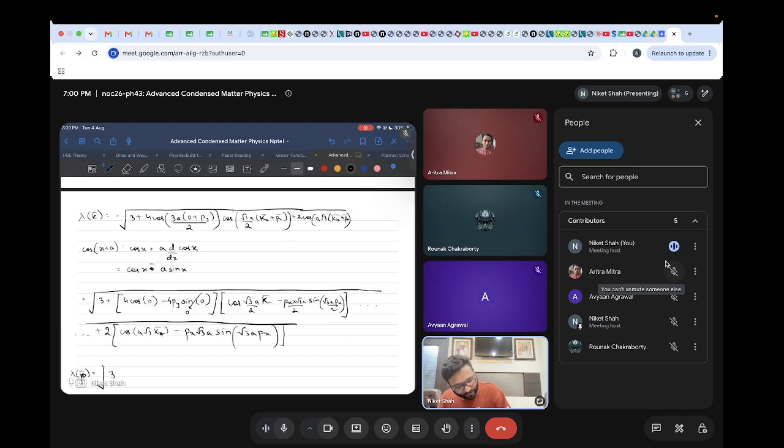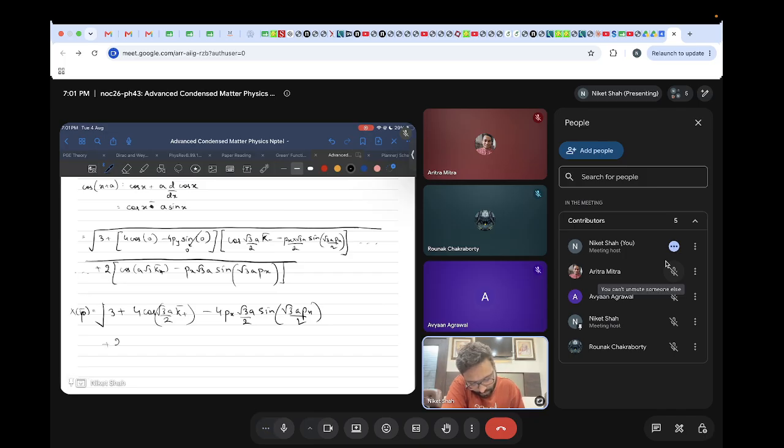Square root of 3 plus 4 cos root 3 a by 2 k plus, actually it's minus 4 px root 3a by 2 sine of root 3a px by 2, plus 2 cos a root 3 k plus, minus 2 px root 3a sine of root 3a px.